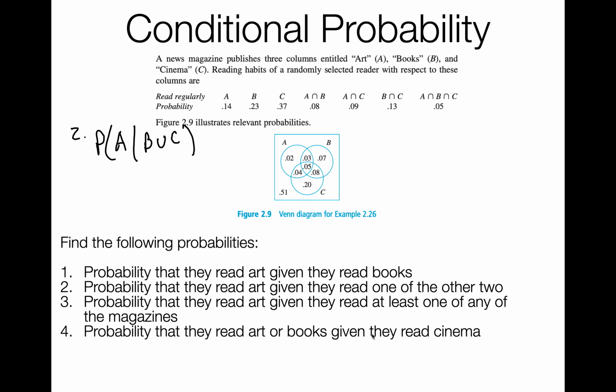And so we want to write that, again, using our definition that we just learned. So it's the probability of the intersection of A and, in parentheses, B or C. Actually, I should move this because it's going to get in our Venn diagram, which we'll need.